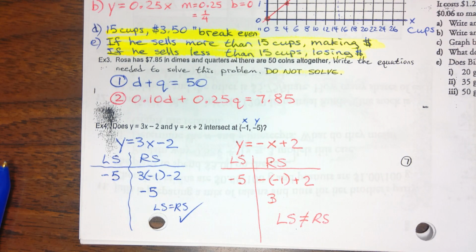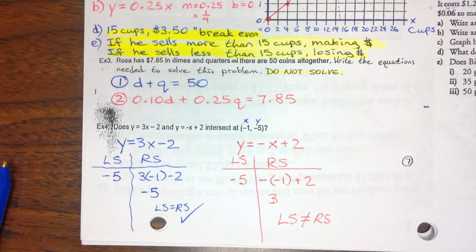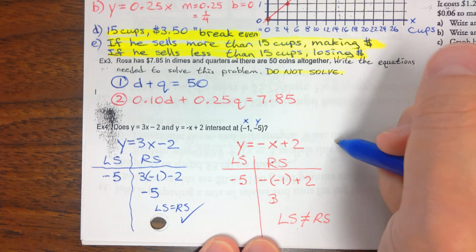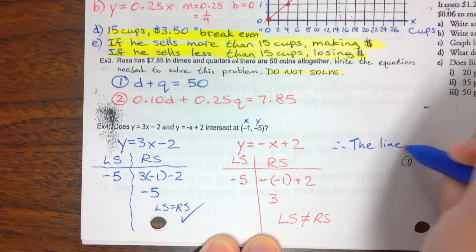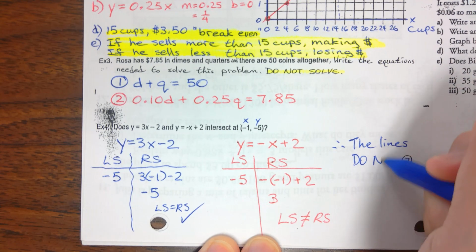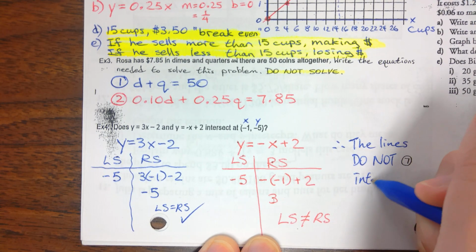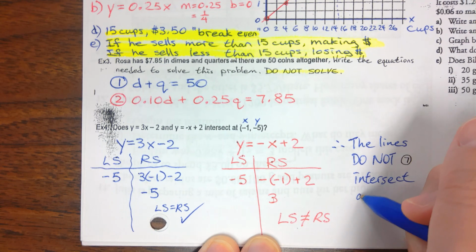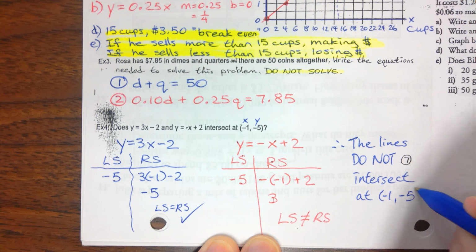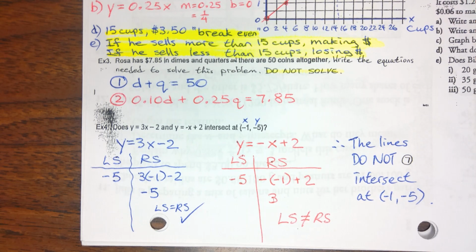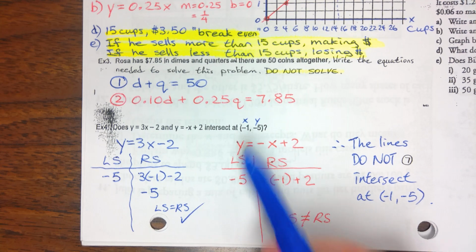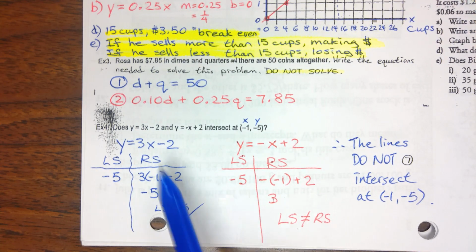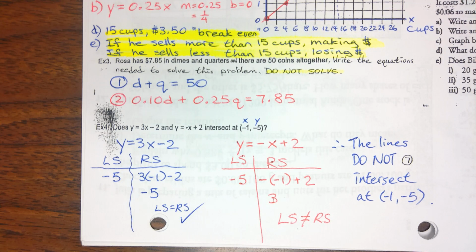So what does that mean? If your point is on one line but not on the other, it is not the intersection point. Therefore, the lines do not intersect at -1, -5. Again, if you are more comfortable, you could graph these two lines and see if they cross here, but it will take more time. Mathematically, this is a little faster.